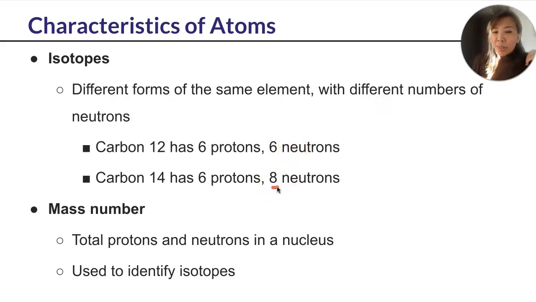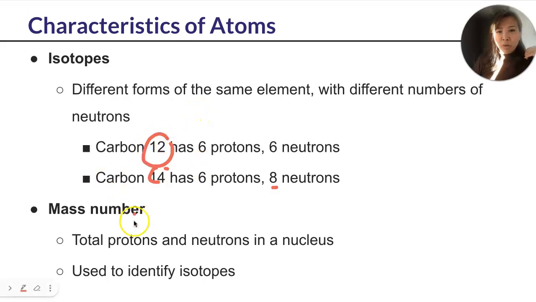Because protons and neutrons are matter and have weight, the mass number is 6 plus 8, which is 14, which is why this is carbon-14. This is its mass number. Whereas carbon-12 has 6 protons and 6 neutrons, so its mass number is 12.